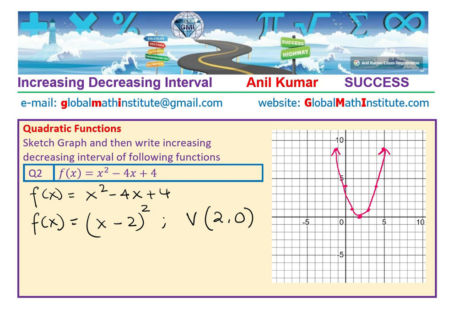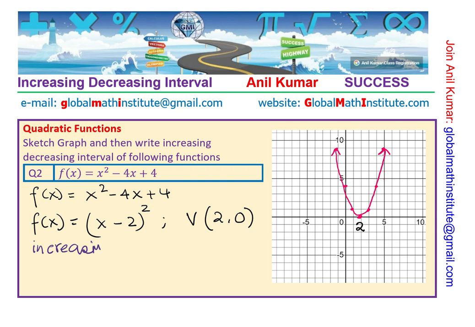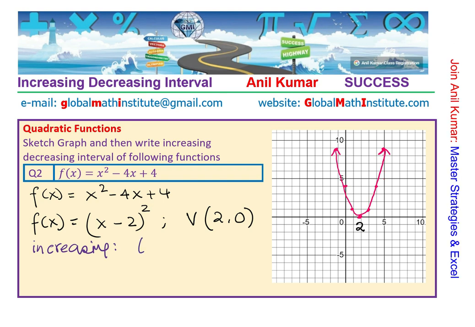There you see, we have the turning point at x equals 2. And therefore, we can write down increasing interval and decreasing interval. So can you tell me which is the increasing interval? The parabola opens upwards since the leading coefficient is positive. Increasing is from the vertex to infinity. So it is from 2 to infinity, right? And the decreasing interval is from minus infinity to 2.